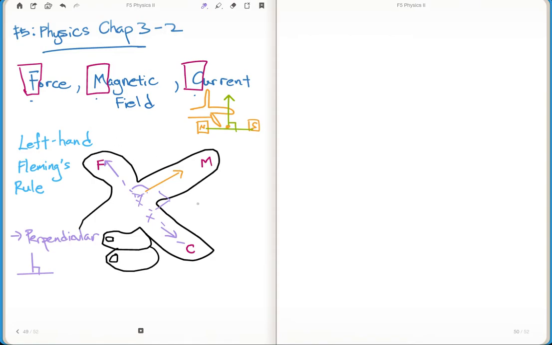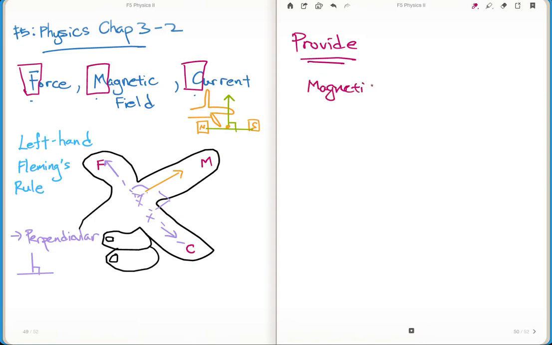So, how would we make use of this? If you were to provide a magnetic field and you provide current, what do you get?